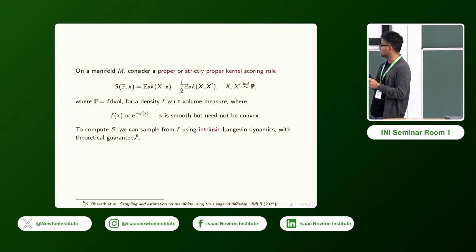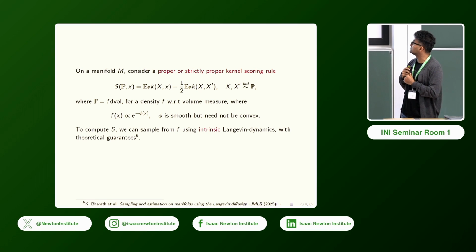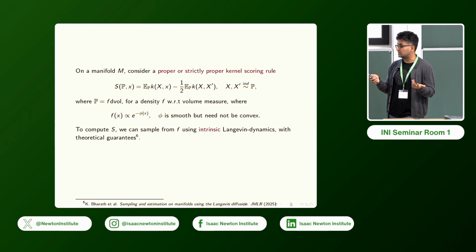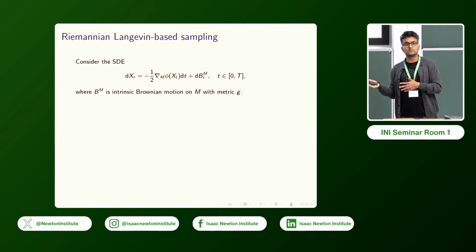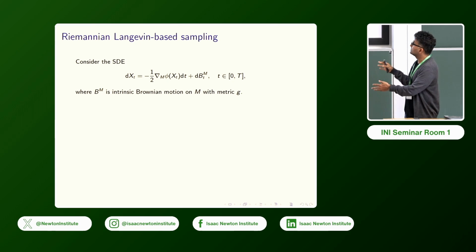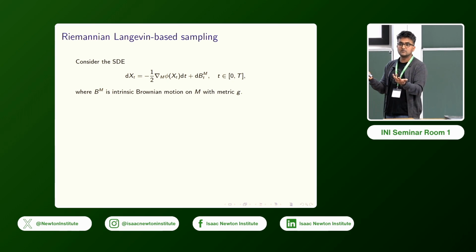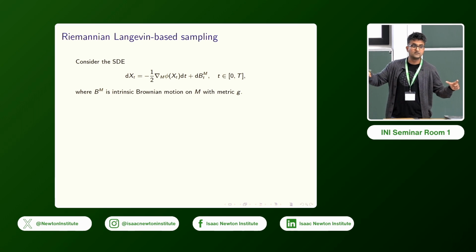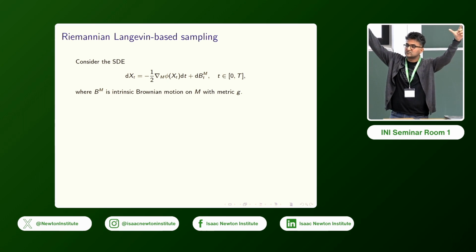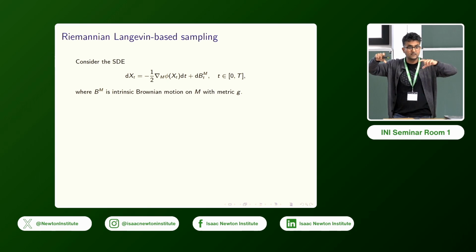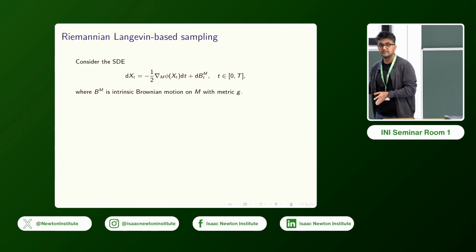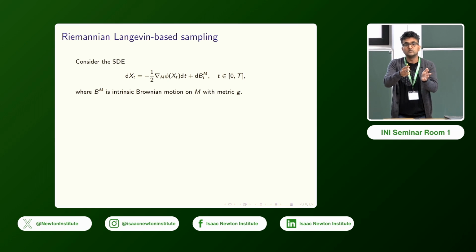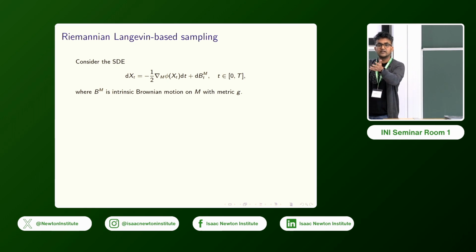This is based on some recent work I've done with my student on how to sample using Langevin dynamics on the manifold. If you're familiar with Langevin-based sampling in the Euclidean setting, it transfers over almost exactly. You set up a stochastic differential equation, which is a Langevin, but you define it intrinsically on a manifold. There's no need to have it running on a larger space and project down. It's running intrinsically on the sphere, say. There's a Brownian motion on the sphere, and then there's a drift, which is determined by the gradient of the potential.